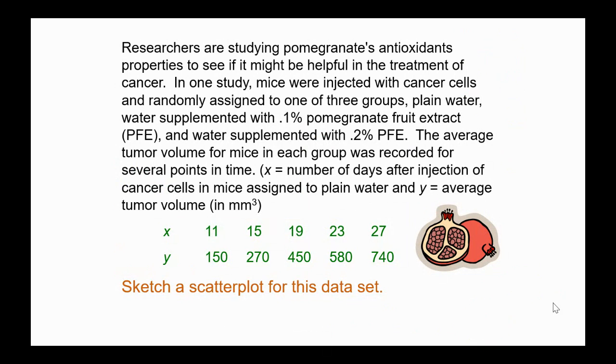They want us to create a scatter plot for the data. X is the number of days after we inject them with cancer cells. Y is the average tumor volume. So let's create a scatter plot for this data.